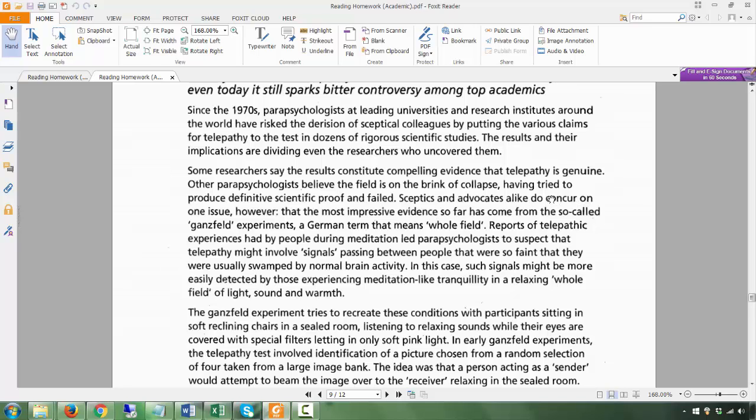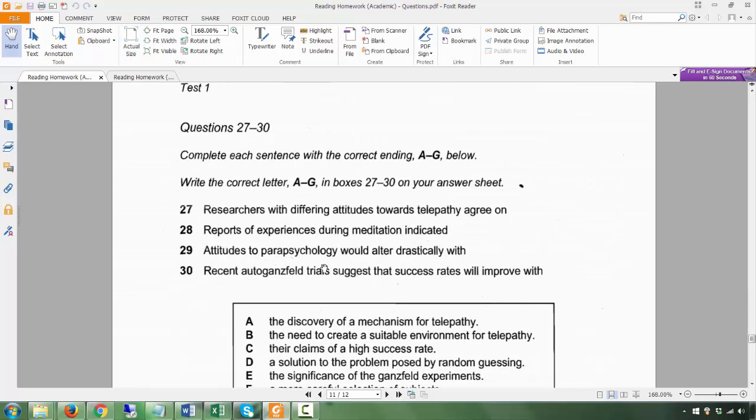Do concur. Okay, concur means agree. Do you see again the role of vocabulary? If you don't know what skeptic or septic are, both are words which have the same meaning, just a different spelling. And advocates, if you don't know what these words mean and you don't know what concur means, which means agree, then you won't be able to understand that this is basically giving you the answer to this sentence here.